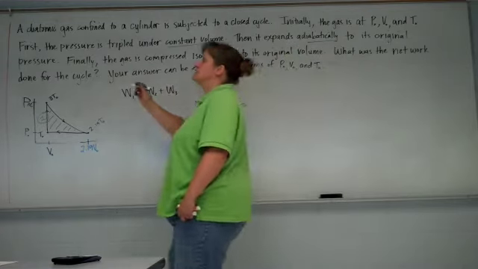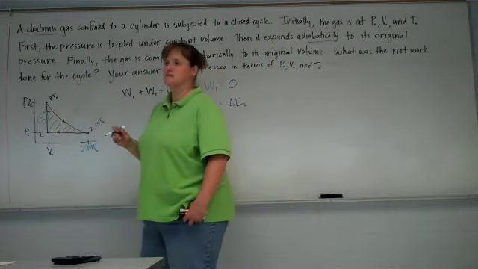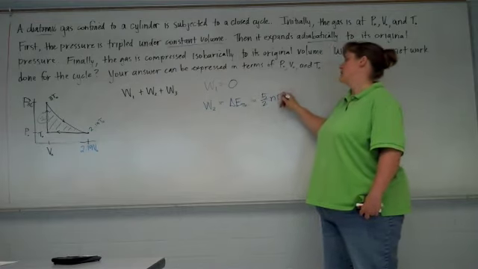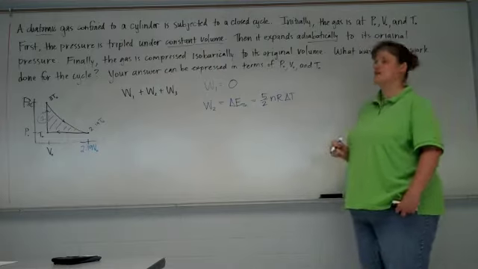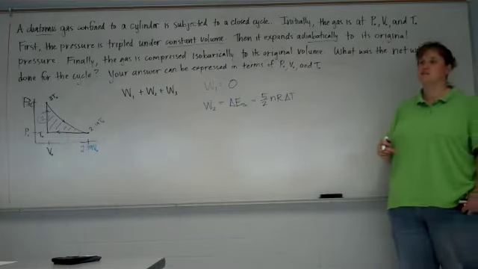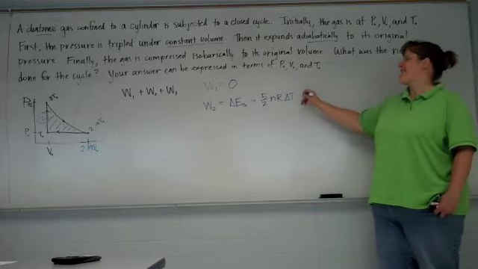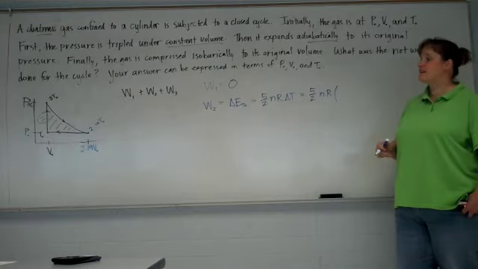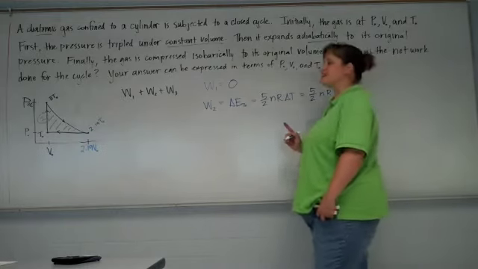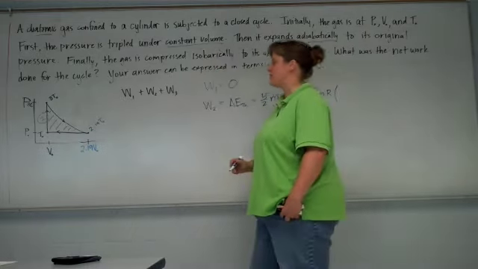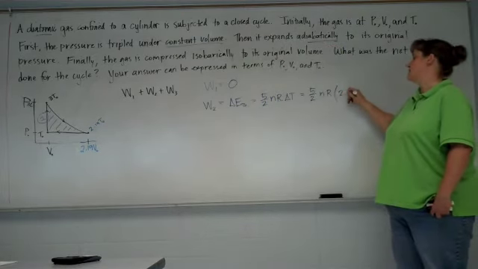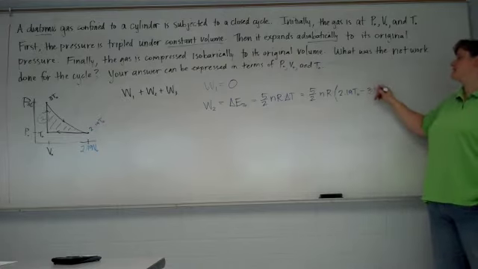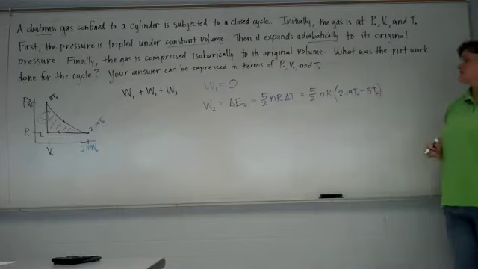This is a diatomic gas. The equation for change in thermal energy is 5/2 nR delta T. Delta T is the final temperature, so the temperature at the end of the adiabatic process, 2.19 T naught, minus the temperature at the beginning of the adiabatic process, so minus 3 T naught.